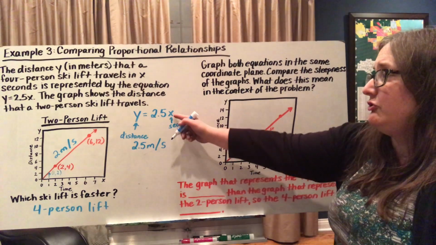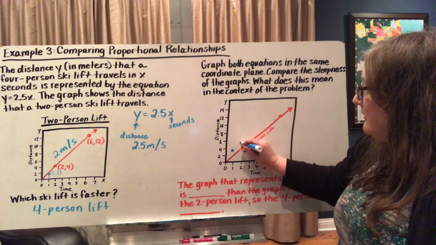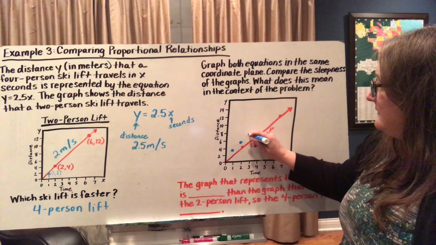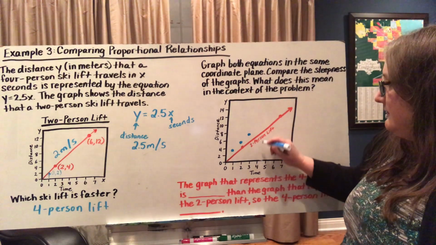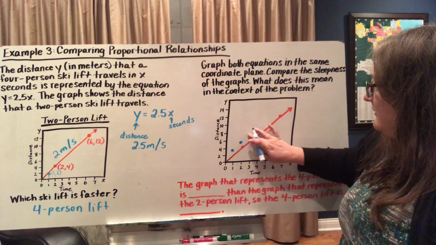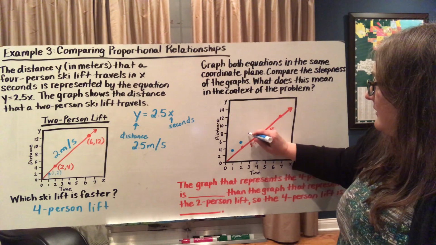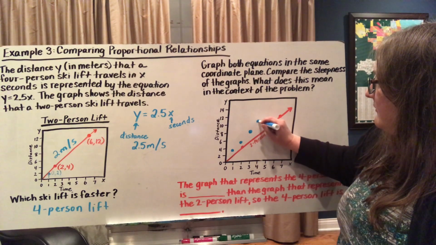If I plug in 2, in 2 seconds, I'm going to go 5 meters. In 3 seconds, I'm going to go 7.5 meters. In 4 seconds, I'm going to go 10 meters.